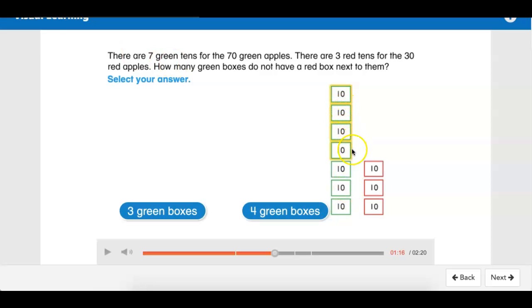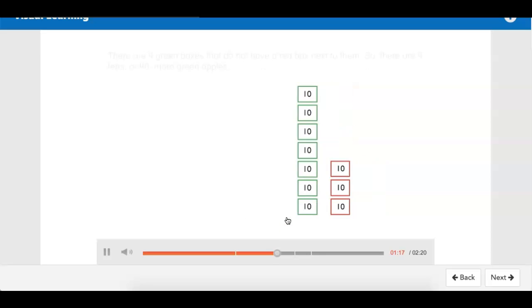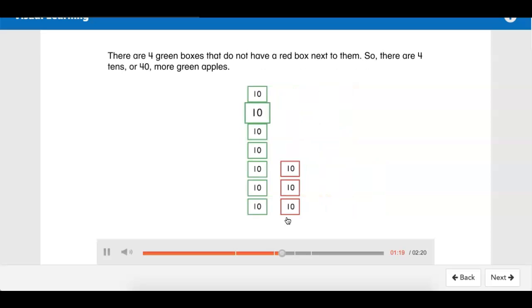There are 7 green boxes and 3 red boxes. The green and red match up until here. There are 4 green boxes that do not have a red box next to them. So there are 4 10s, or 40 more green apples.